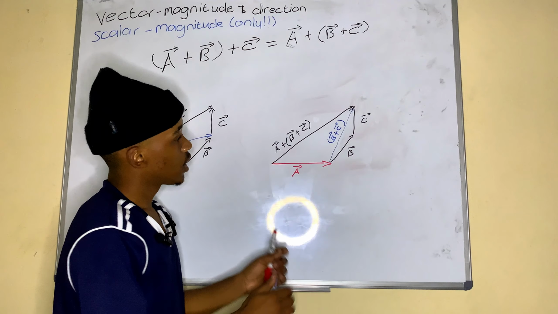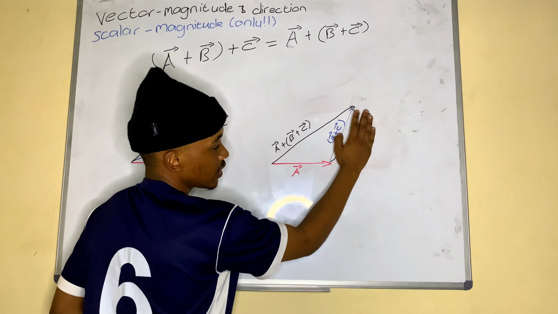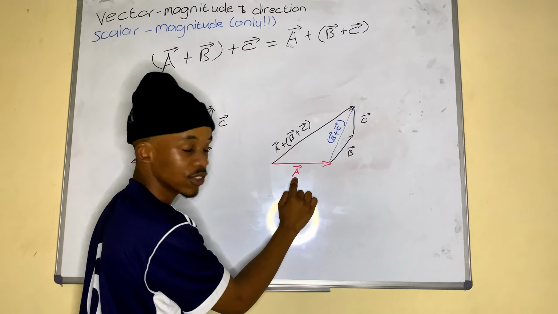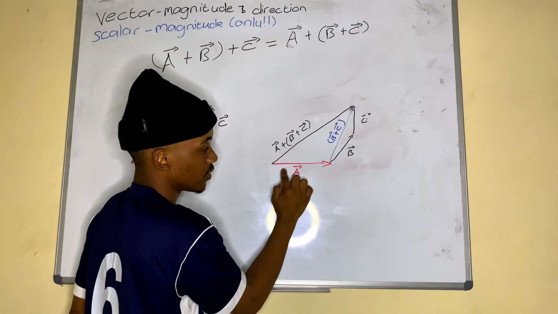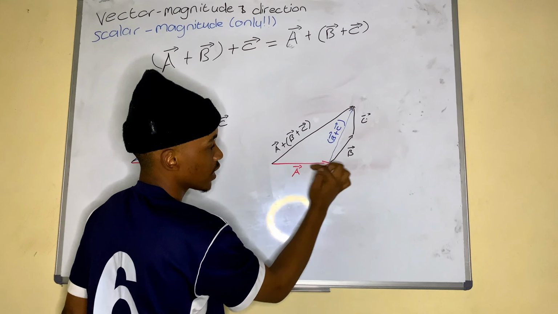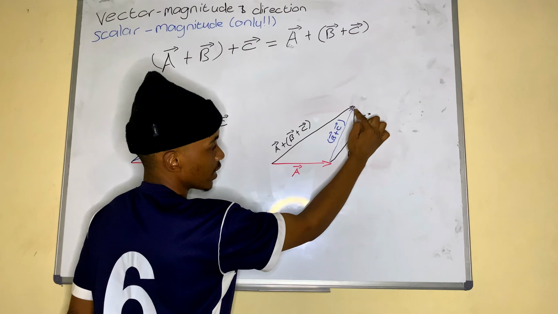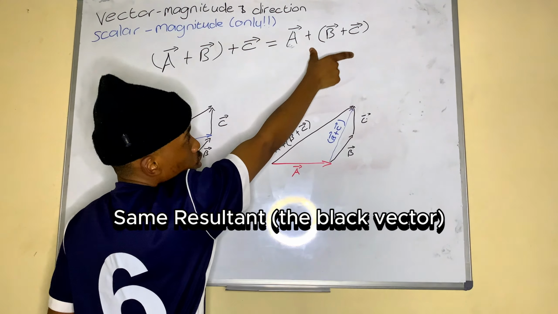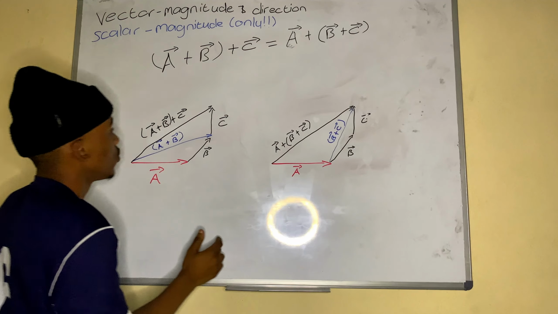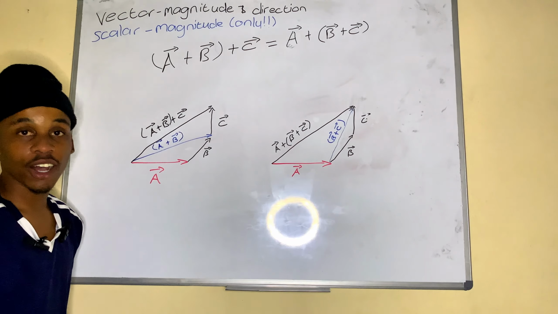And so, if we treat vector B and C as its own separate vector and add it to vector A, we can see that the addition of these two vectors, this red vector and this blue vector, gives us a resultant vector or new vector, which is A plus B plus C, which is equal to what we have over here. We have proven that they are associative.